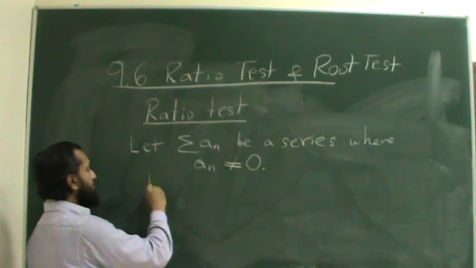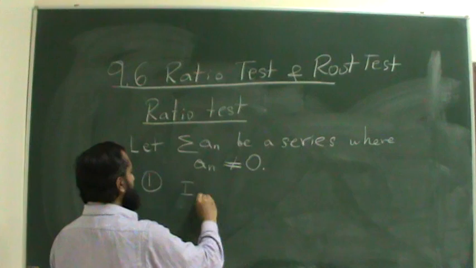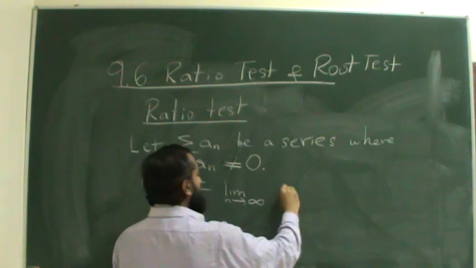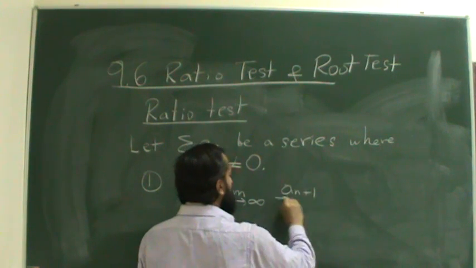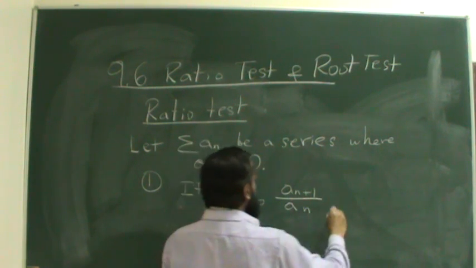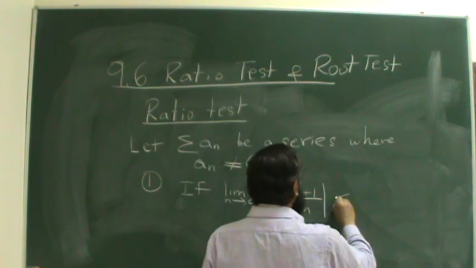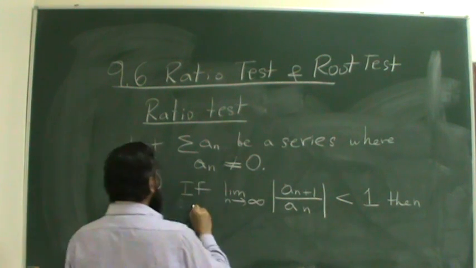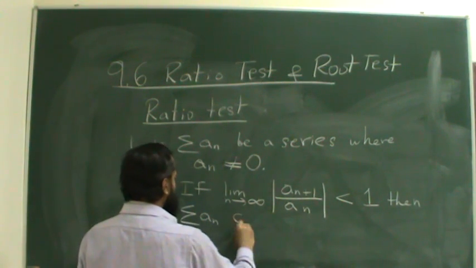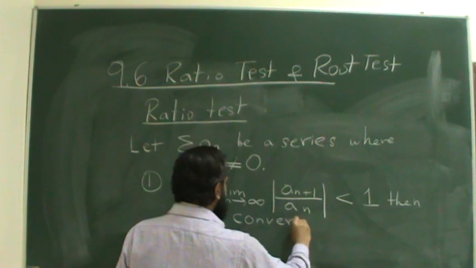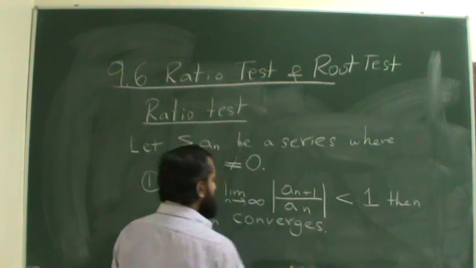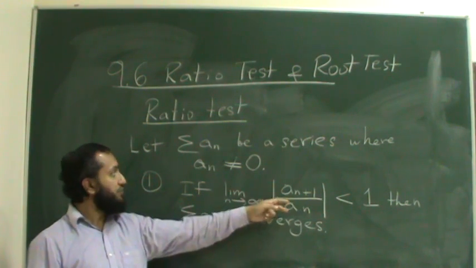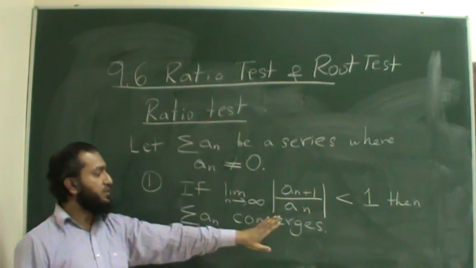So the test says, first part, if the limit as n goes to infinity of the absolute value of the n plus 1 term over the nth term is less than 1, then... okay, you take the ratio of succeeding terms of the underlying sequence, not of partial sums.